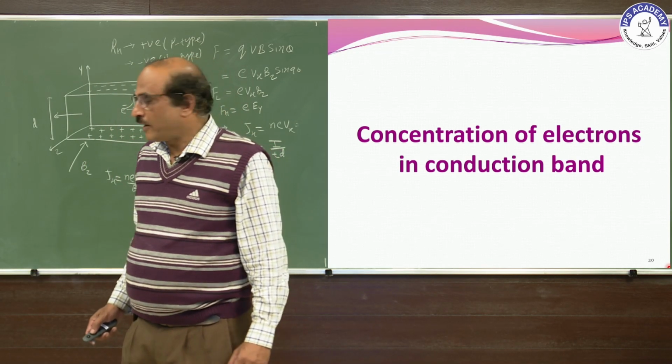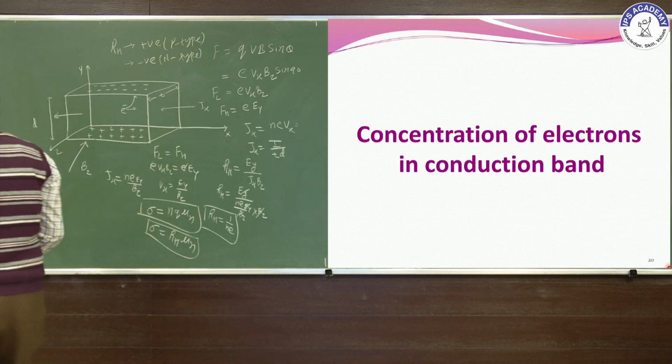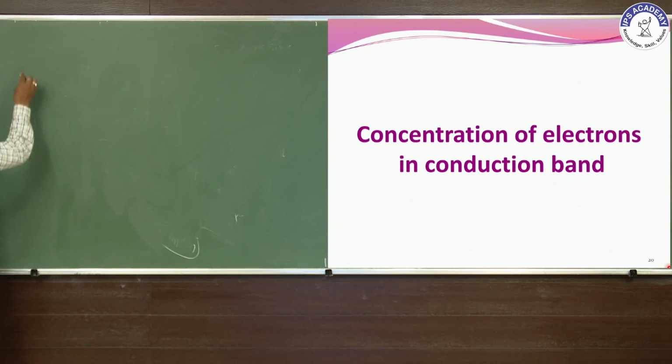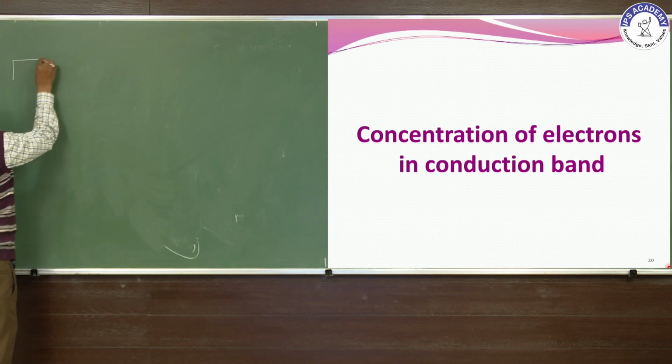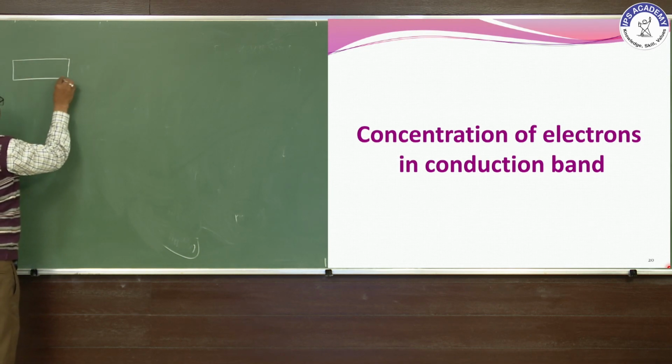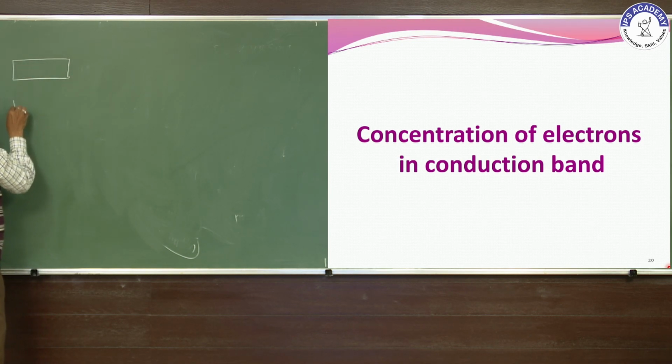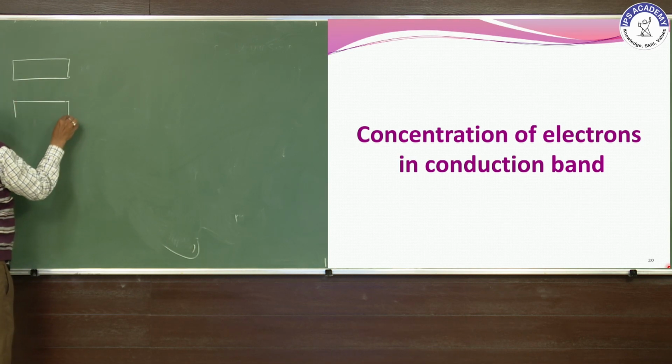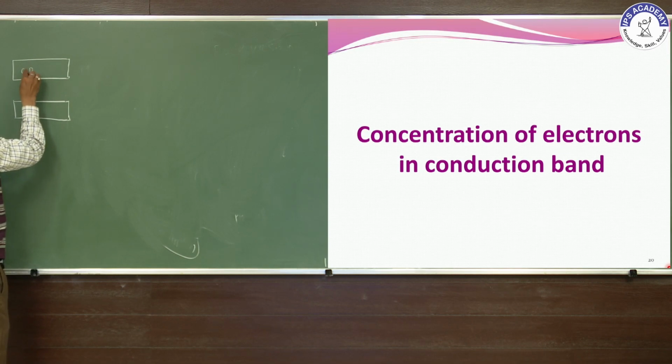in the conduction band of a semiconductor. We use the blackboard for this. As you know, in the case of semiconductors, the material has band structures: a conduction band and a valence band. The conduction band has electrons, and the valence band has holes.